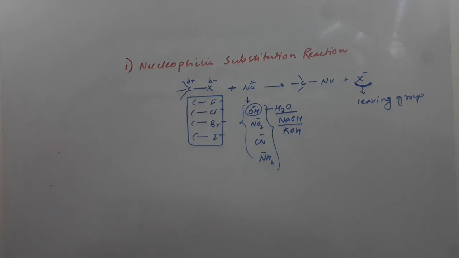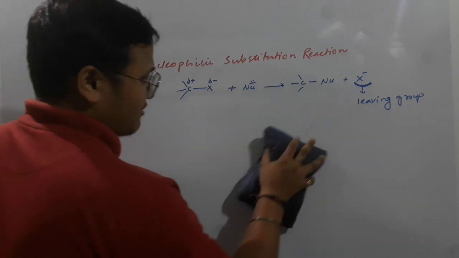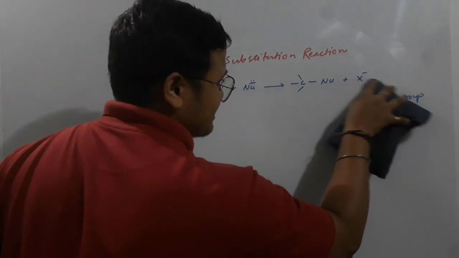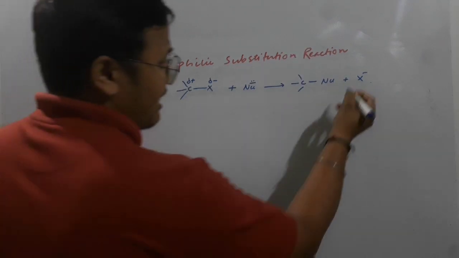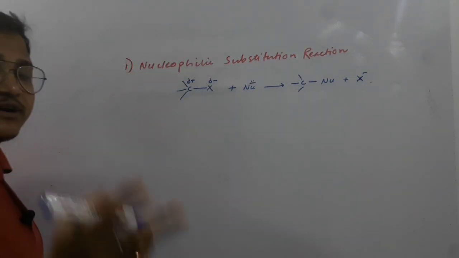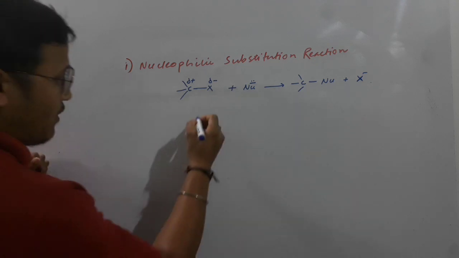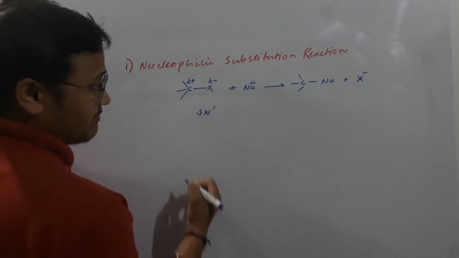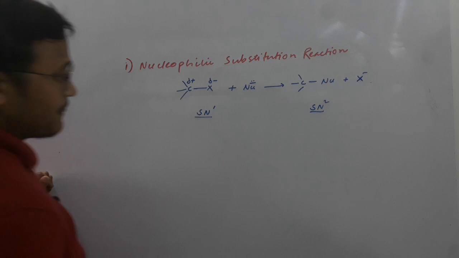We will talk about examples later on, but the main point here is that this nucleophilic substitution reaction proceeds via two different types of mechanism. One is known as the SN1 mechanism and the other is known as the SN2 mechanism.